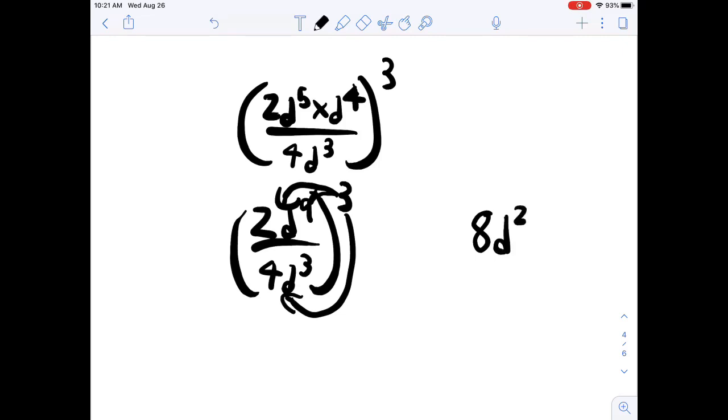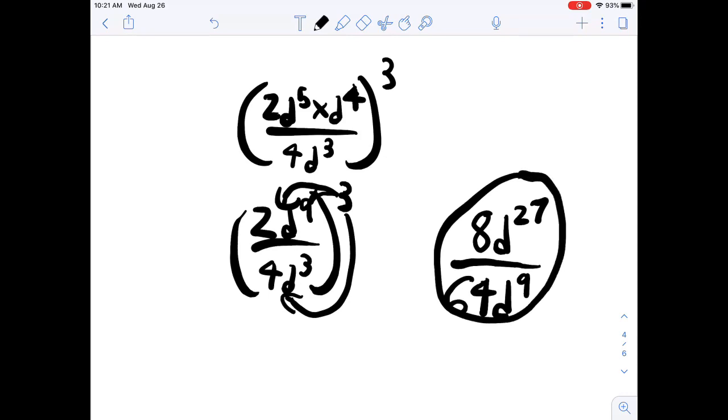So 8 times d to the power of 27 over 4 to the power of 3, which is 64. 3 times 3 is 9, d to the power of 9, and this is what we get.